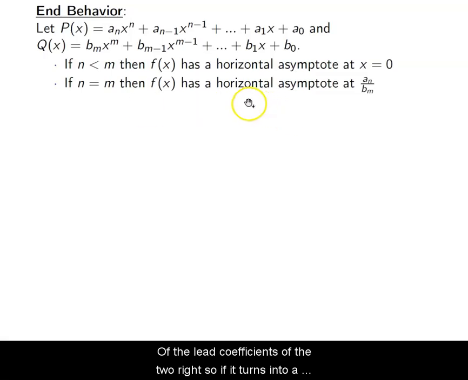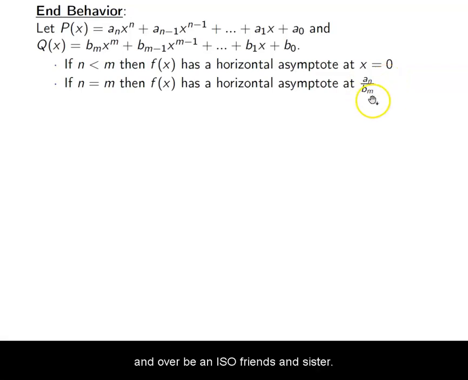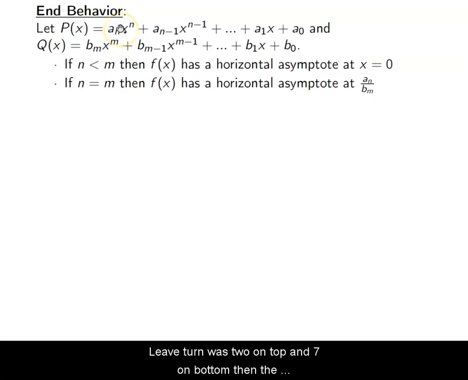So it turns into a_n over b_m, right? So for instance, if the lead term was 2 on top and 7 on bottom, then the horizontal asymptote is 2 over 7. That means that as I go in the positive direction and in the negative direction, they both tend to go towards 2 over 7.